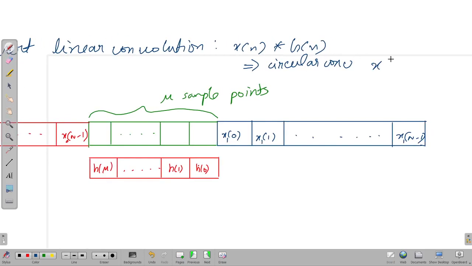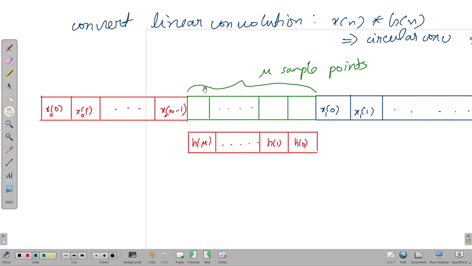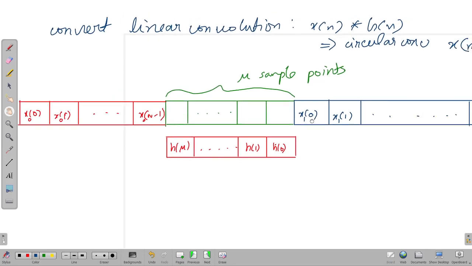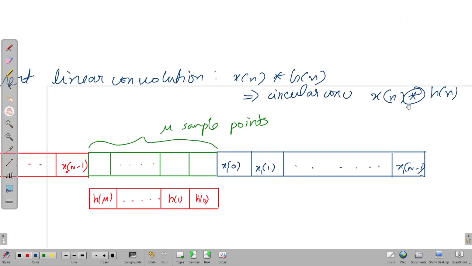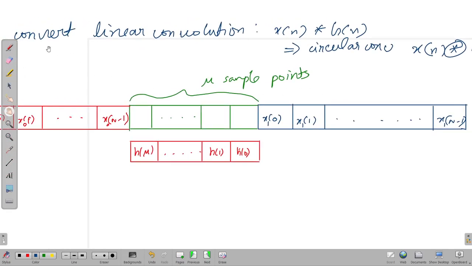That is x of n circular convolution with h of n. The channel is not circular in nature, but the receiver should feel like the channel is circular in nature, or the receiver should feel like a circular convolution is happening. So how will I make this linear convolution into circular convolution?